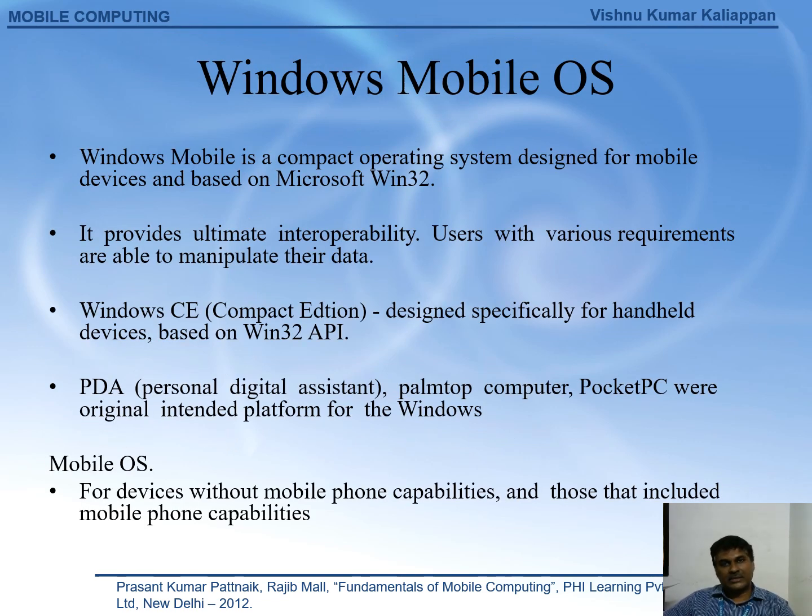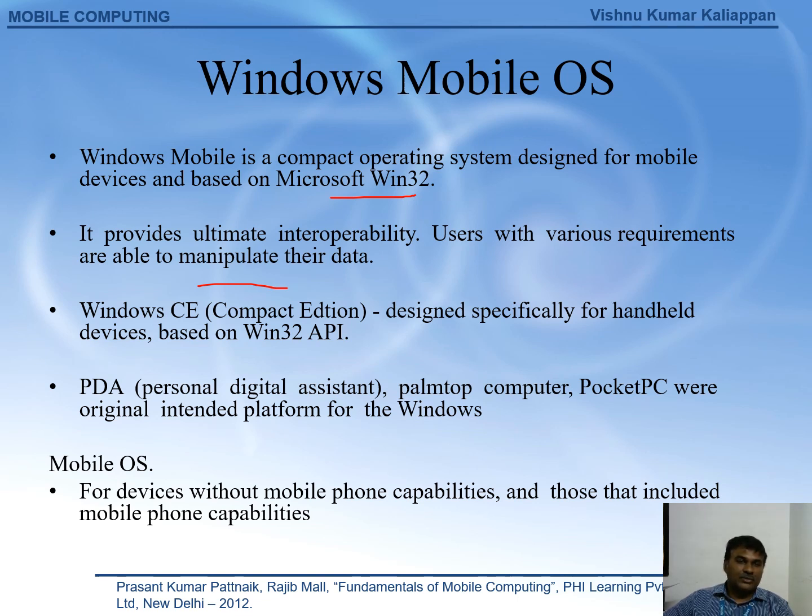First, let us see the Windows Mobile OS. Windows Mobile OS is a compact operating system designed specifically for mobile, which is based on Win32. It provides ultimate interoperability, where it can be installed on multiple hardware machines.